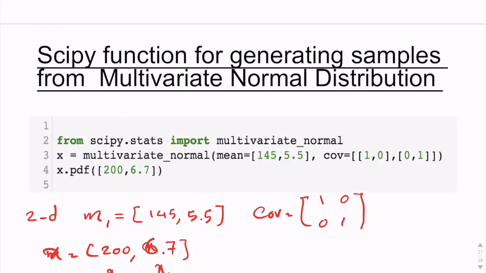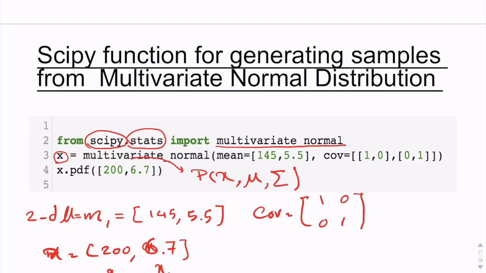From the SciPy library, we can go through the stats module and import multivariate_normal, by which we can compute the probability. So this normal distribution is P of x, and the parameters are mu, which is the mean vector, sometimes, as I said, we use mu for the mean, and the other parameter is the covariance matrix.